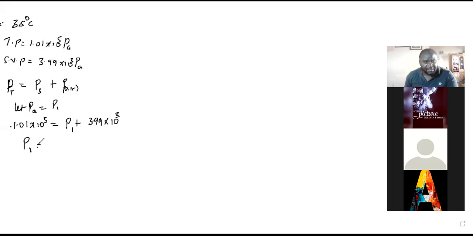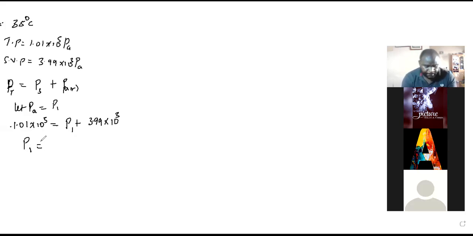When I make P1 the subject, can people compute and give me the answer? 97,000, that is 9.7 times 10 to the power 4 pascals.